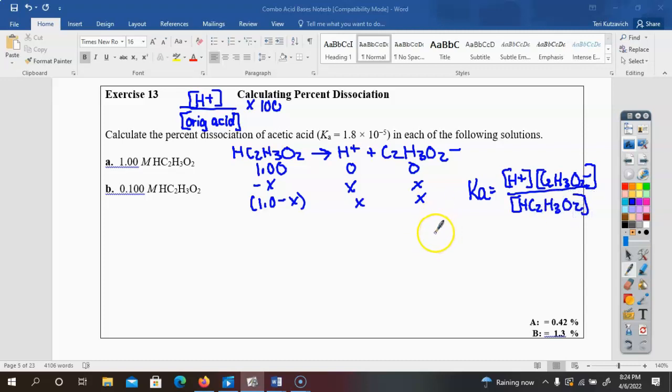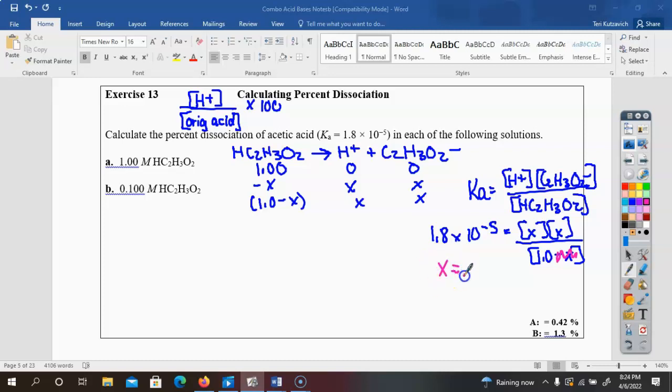Put in your values. 1.8 times 10 to the negative fifth. These are both x, and this is 1 minus x. What do we always do? We get rid of this x. Much easier to solve for.